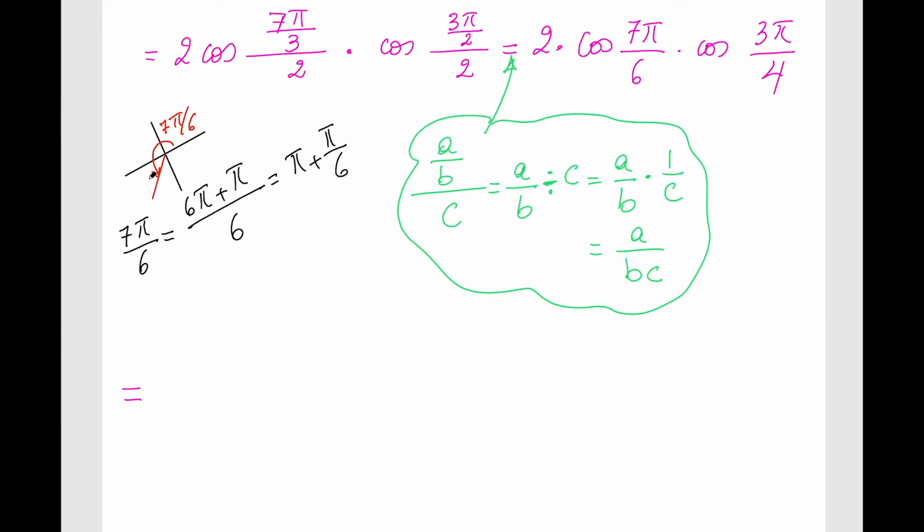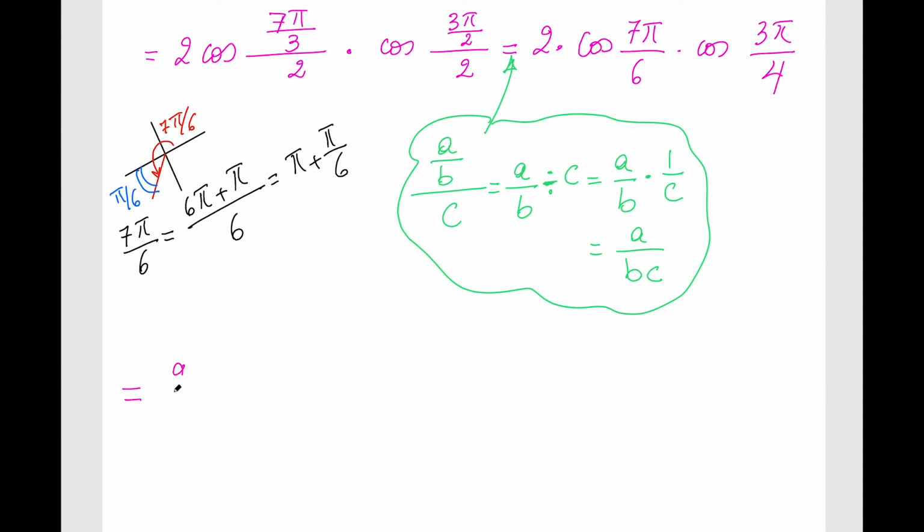Okay, and so what's that acute angle then? What's that acute angle? It's that angle minus pi, right? So it's the pi over 6. It's the pi over 6. That's the acute angle. Make sense? So how do you write this then?